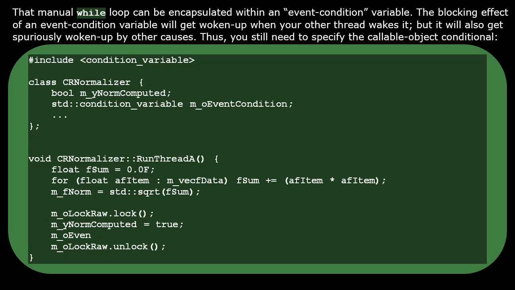Thread A will call this notify_one function to wake up the other thread. It should do so after it's set the event's Boolean flag, but while it's still in the critical section.